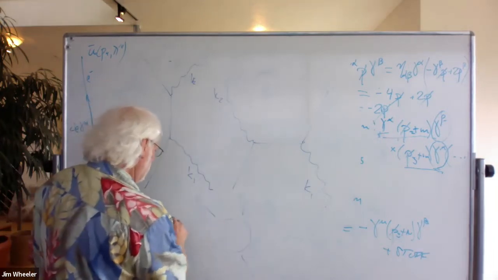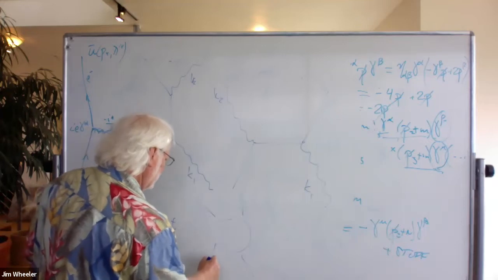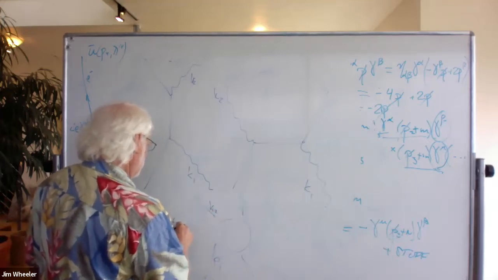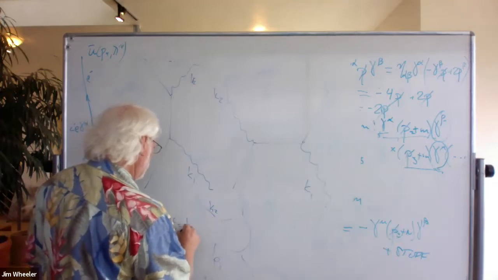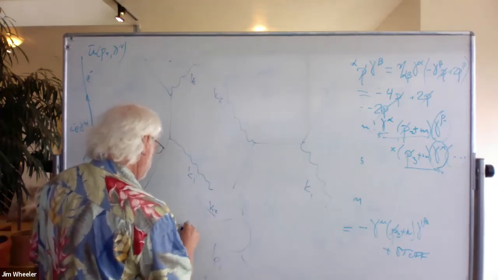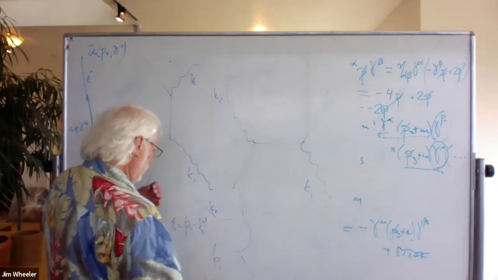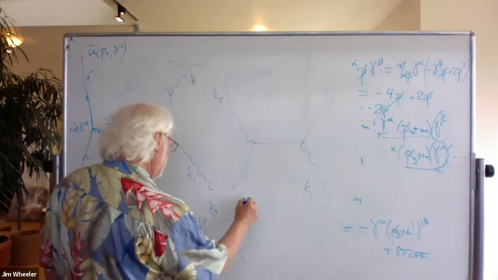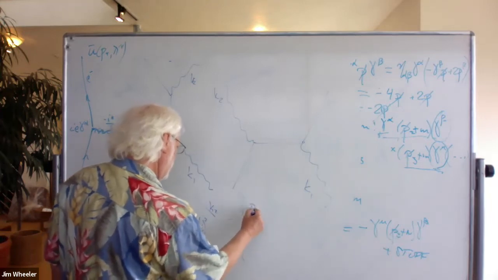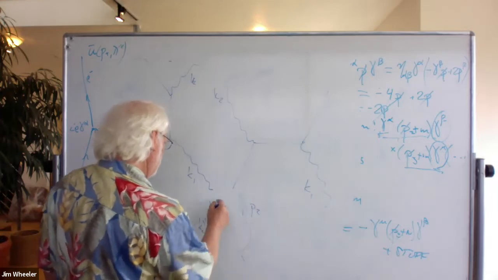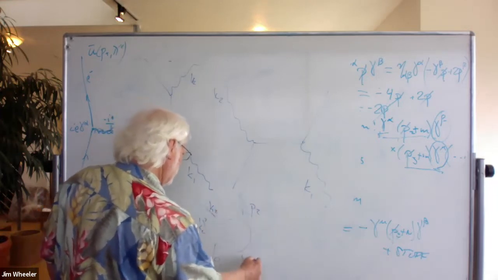So T is this one minus that one squared. Whoops. P1 minus K1, K2 squared. And then if this is P2, I'm not sure how to label these, K1.